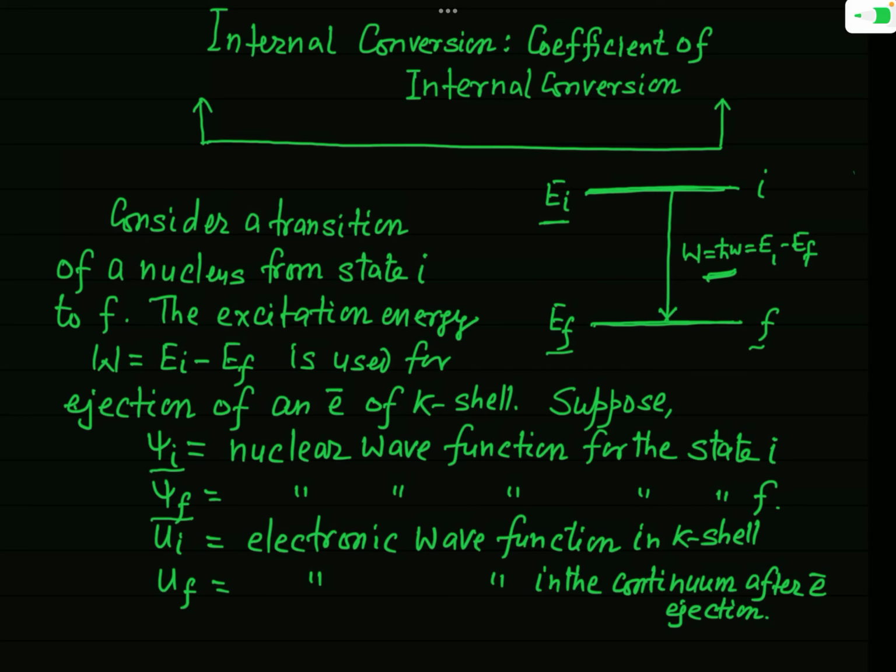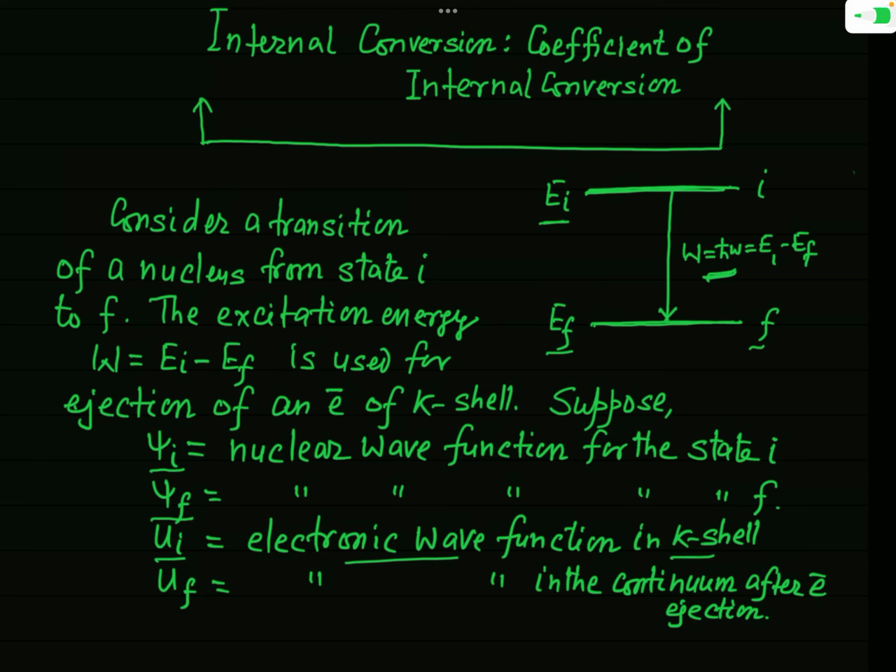Our discussion here is limited to K electron ejection, so we consider that the electron of the K shell gets ejected. Here UI is the electronic wave function in the K shell.